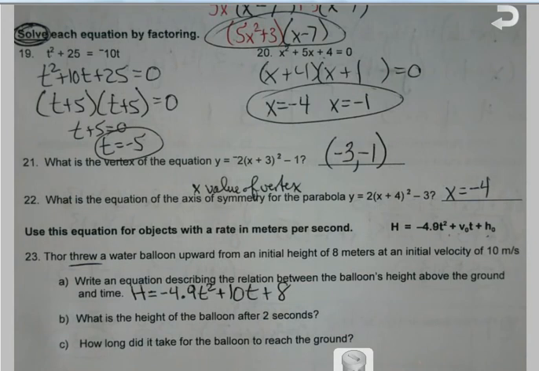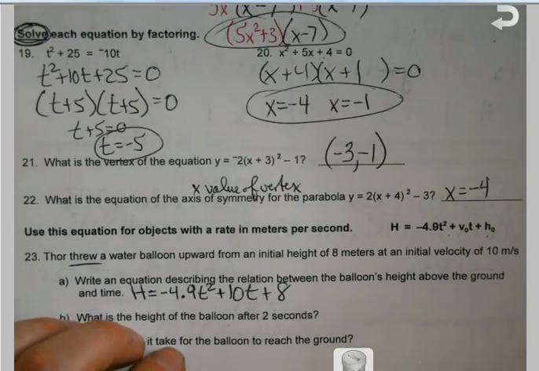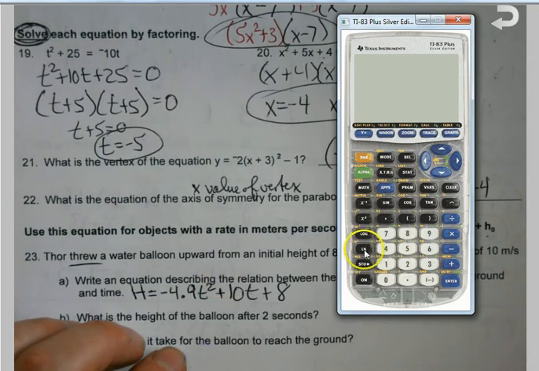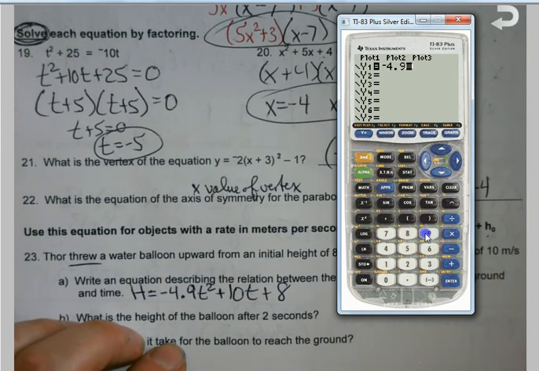Now when it starts asking questions, there's a couple of things that I can do. For the rest of this, I can choose, if I want to go into my calculator, type this in.